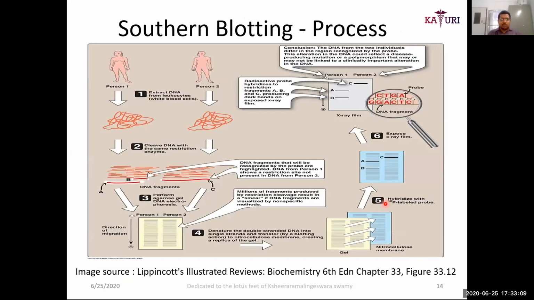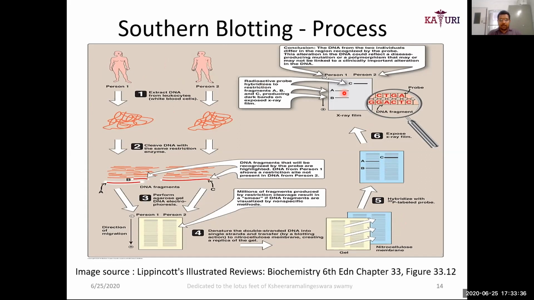This diagram is taken from Lippincott, a more illustrative diagram, where you want to find out whether these two persons have the common gene or not. So you take DNA from them, extract the DNA from leukocytes, cleave the DNA with the same enzyme, put it on an electrophoresis gel, denature it, and then transfer to a membrane, and hybridize it to the labels.